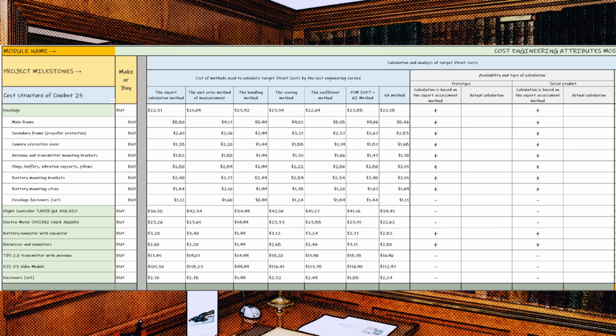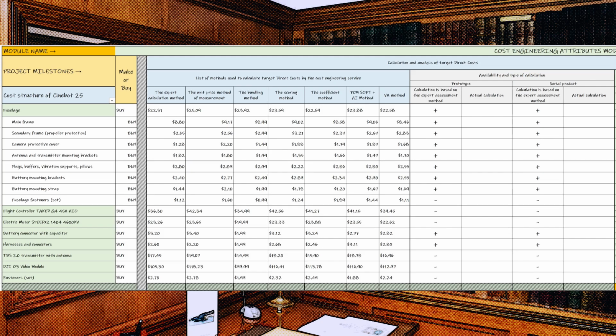The logic of this approach, I believe, is quite transparent. The presence of several target direct costs for a product will add nothing but confusion to the BOM, since it will reduce its readability due to the ambiguity.